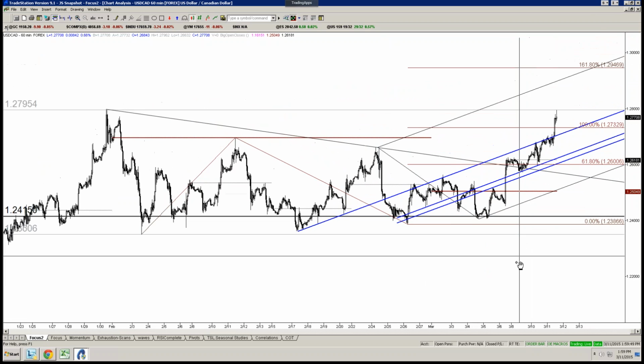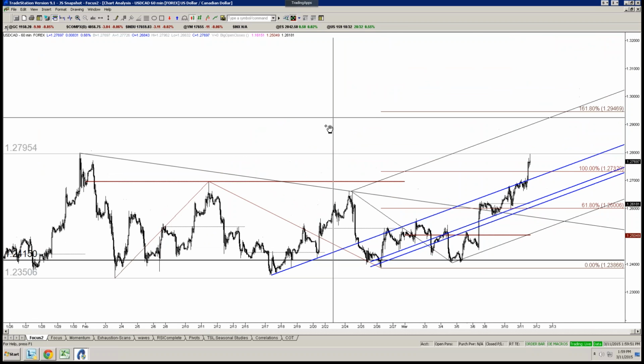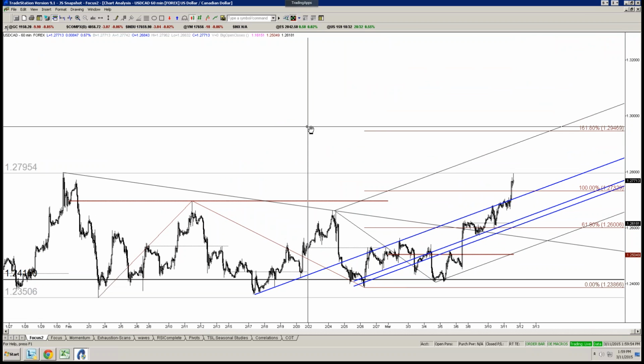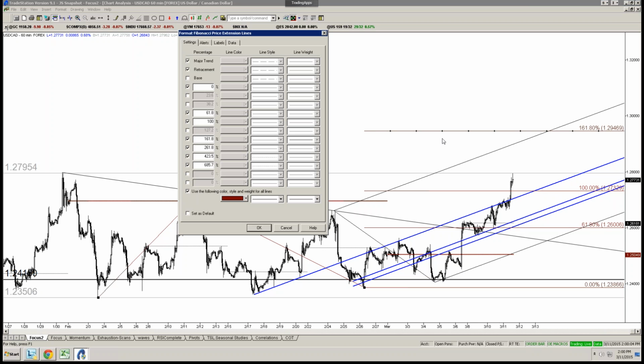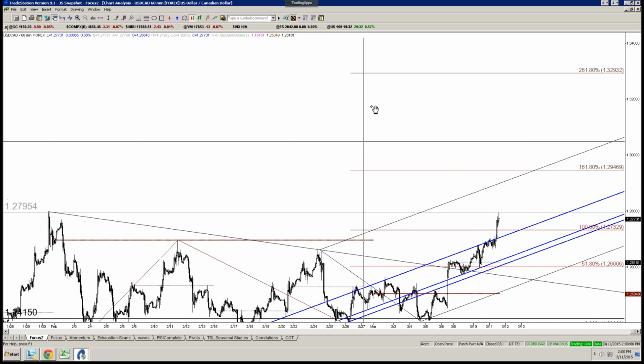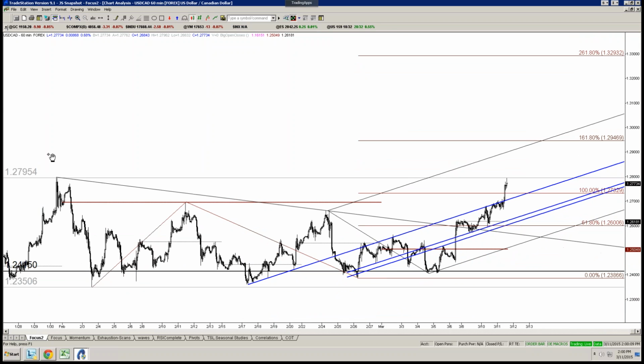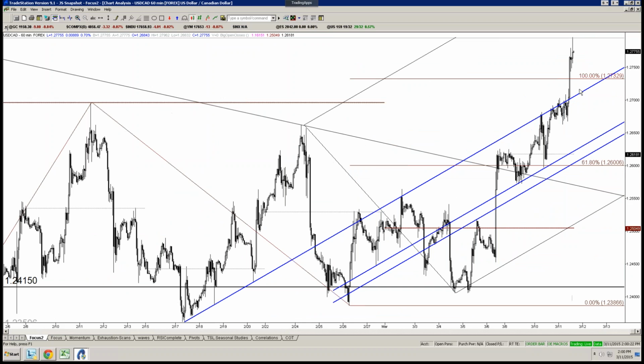The 161.8 of wave B gives you 129.47. You can also take the 261.8, which would be 132.90. So that gets you basically a target zone of 132.40 to 132.90.